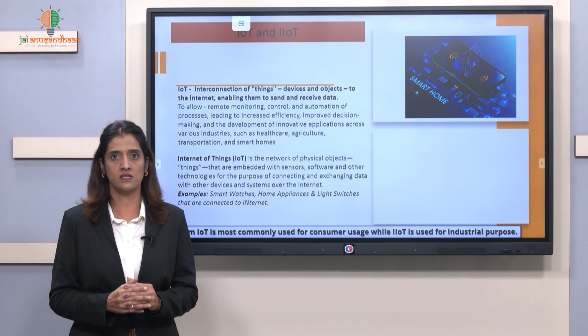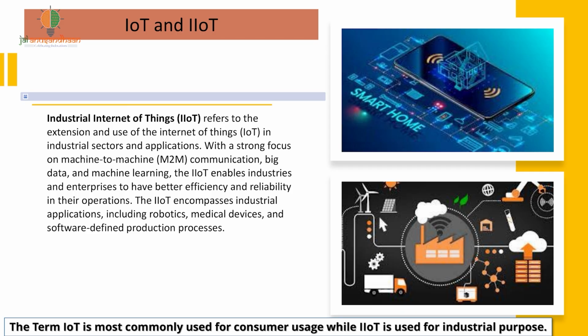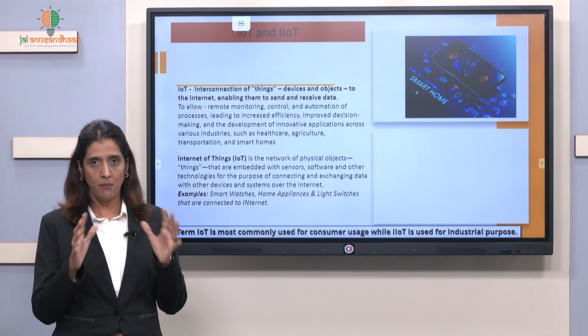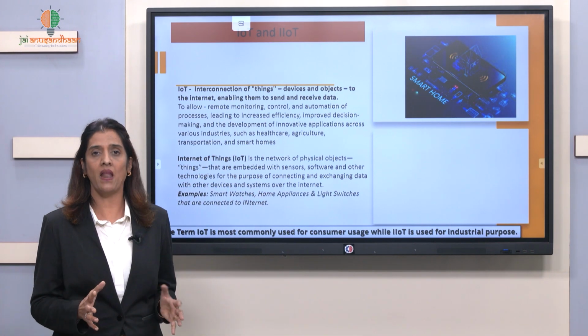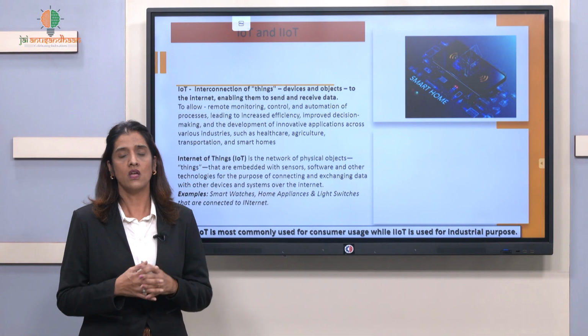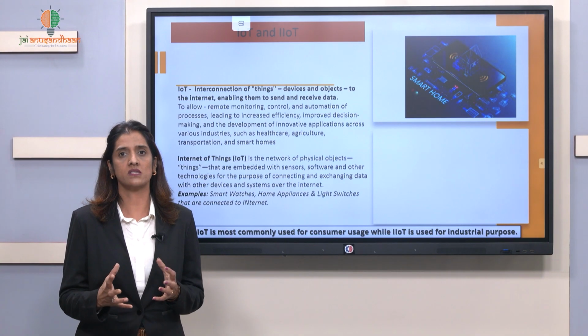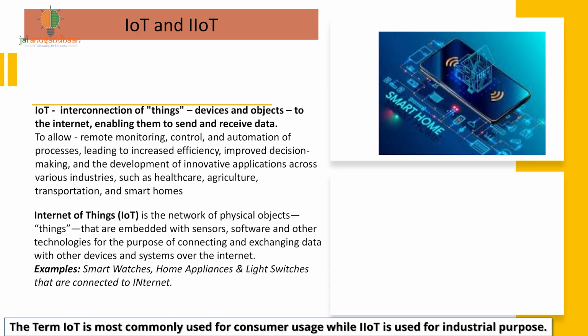Now we will check the difference between IoT and IIoT. IoT is the Internet of Things or the interconnection of things, whereas IIoT stands for Industrial Internet of Things. When we apply this IoT term in the field of industry or in any plant, that becomes the IIoT. So how does it differ? IoT is commonly used for consumer usage, while IIoT is used for industrial purposes.